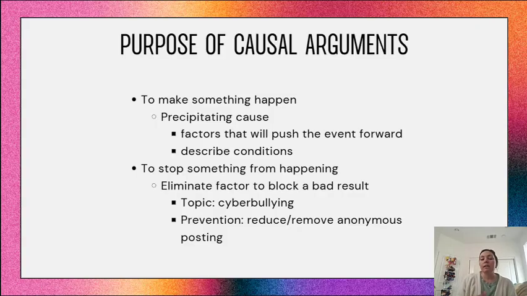You could also write a causal argument to stop something from happening. So, eliminate a factor to block a bad result. If we're going back to this idea of social media and maybe anxiety, and you're going to look at the topic of cyberbullying, the factor maybe that is contributing to the cyberbullying is anonymous posting.